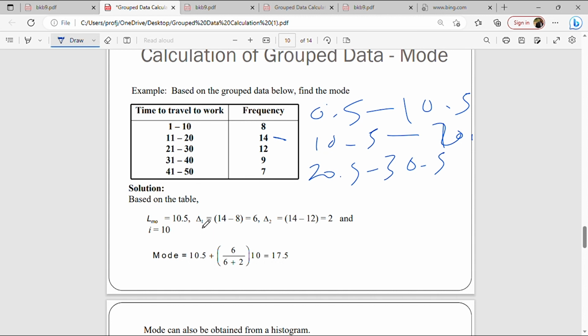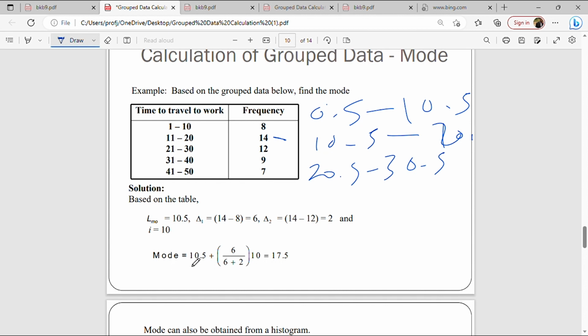Then delta 1 means the difference between the frequency of the modal class and the frequency before it: 14 minus 6. And the other one is the frequency minus the frequency after it, and that's 2.